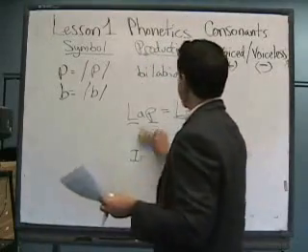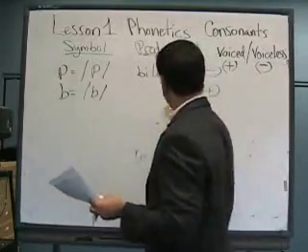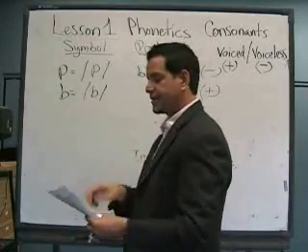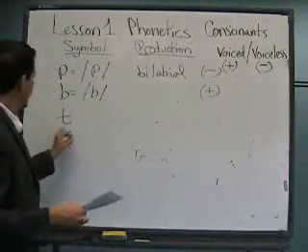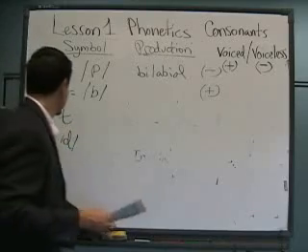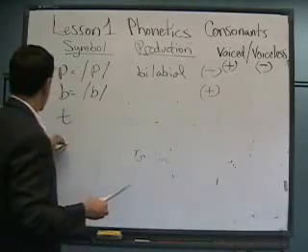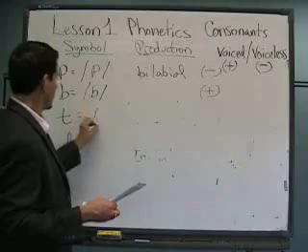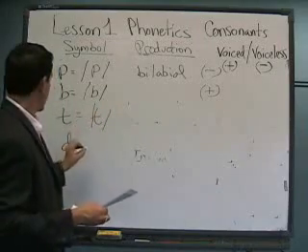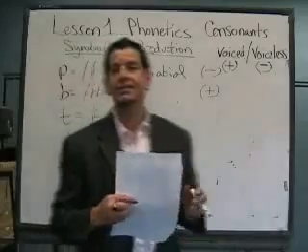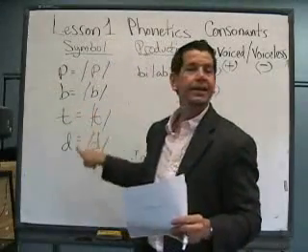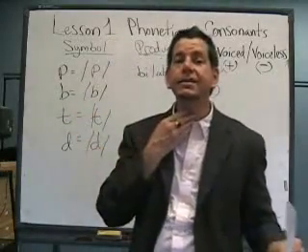Let's look at the next set. The next set of consonants is t and d, represented by lowercase t and lowercase d. Okay, once again, in brackets means sound. T, d. T, t, t.